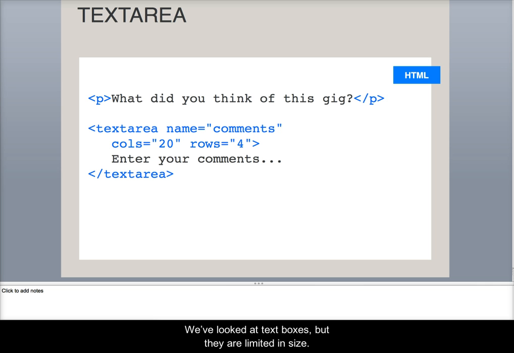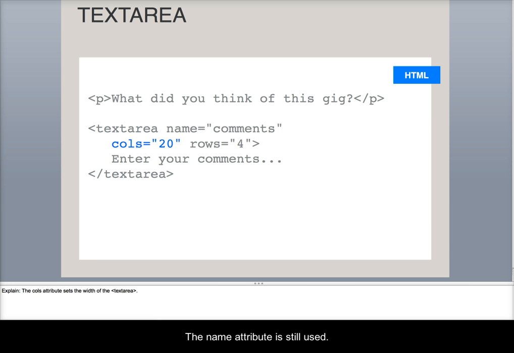We've looked at text boxes, but they're limited in size. A text area allows for more words, like a comment section. Instead of using an input tag, we use the text area tags, opened and closed. The name attribute is still used.